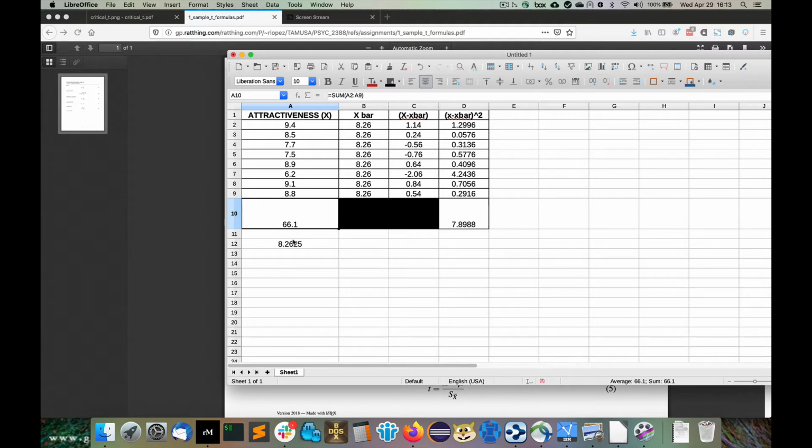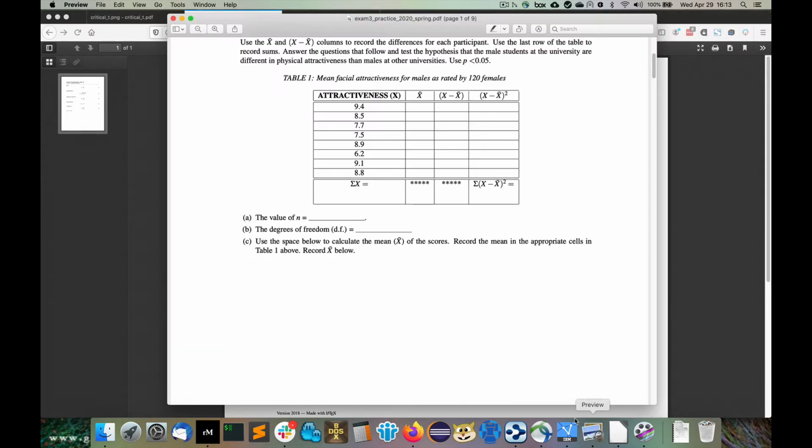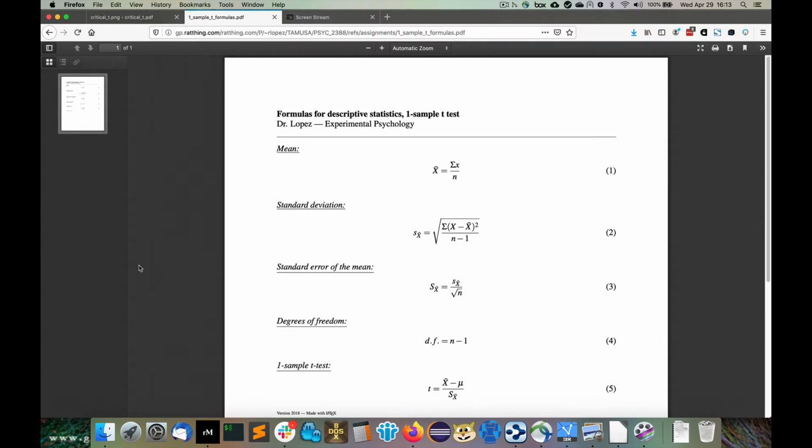Now that we know sigma x and we know n, we can come over here to our problem and go ahead and write out the problem here. So on your test, you're going to write x bar equals sigma x over n.